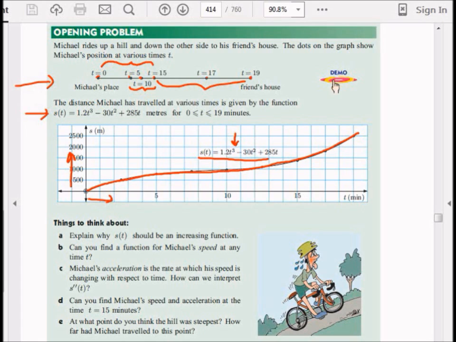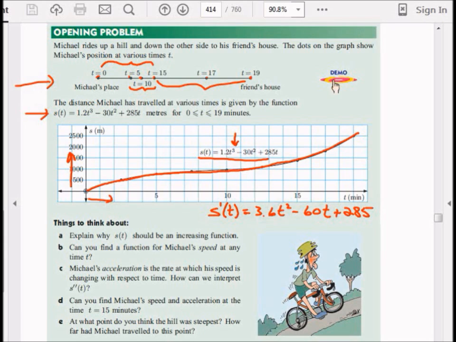B, can you find a function for Michael's speed at any time t? Okay, so this is an example of what calculus is used for. We can find the speed. The speed is going to be the first derivative. So let's take a look at that. First derivative. This would be 3.6t squared subtract 60t plus 285.